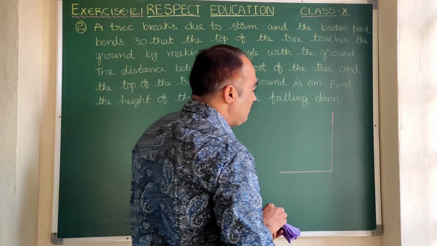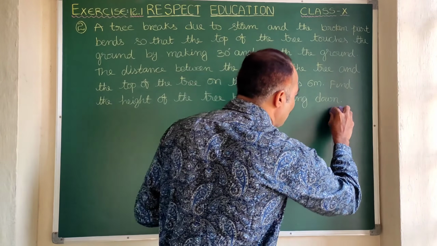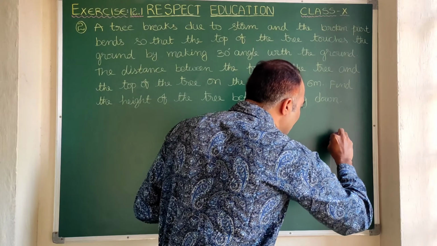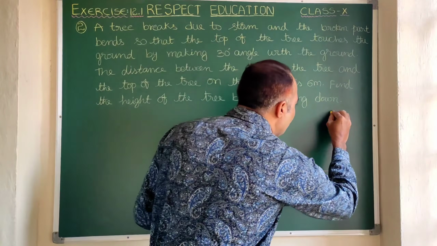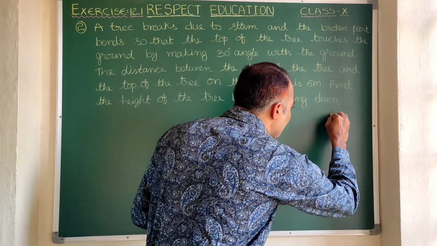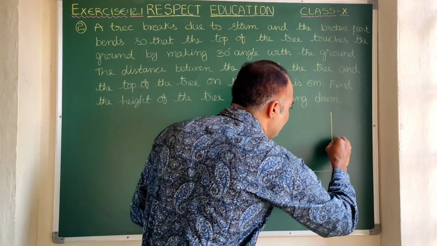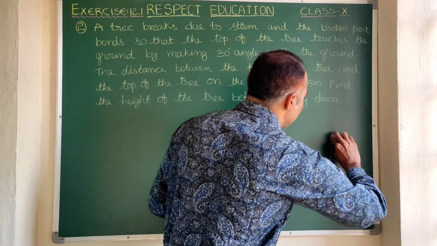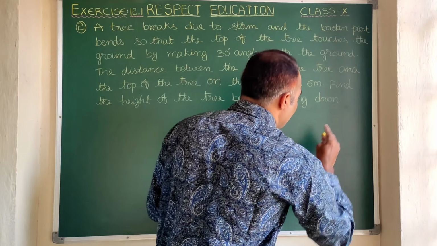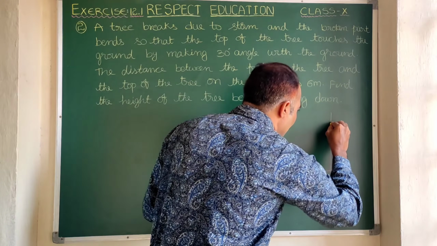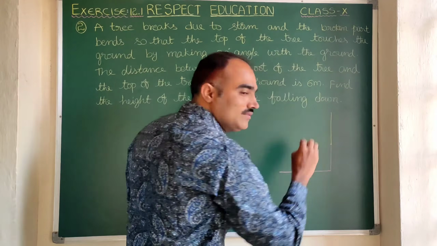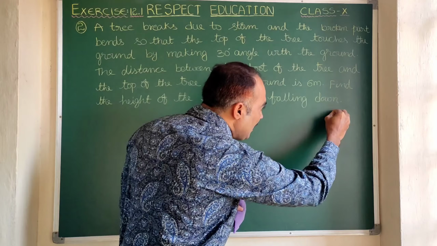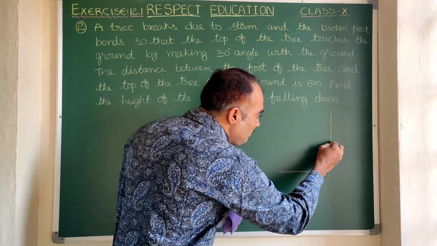For your understanding, for giving more clarity, here I am going to change the color of the broken part. I am changing the color to yellow, right? Suppose this is the part of the tree which is broken and only this part fell down here.